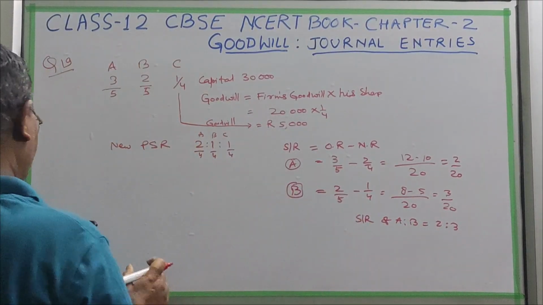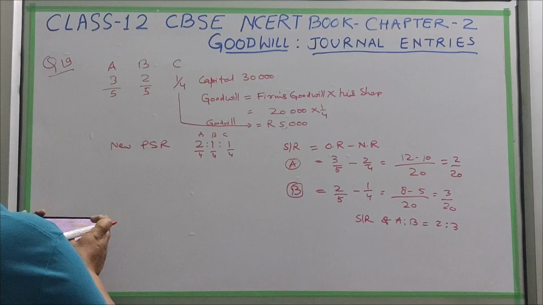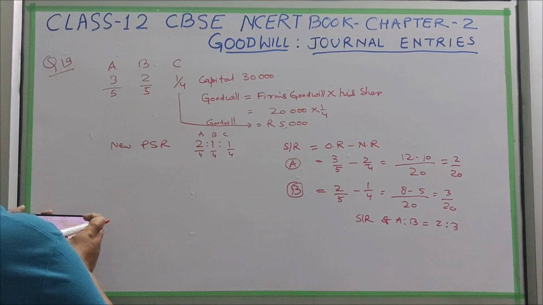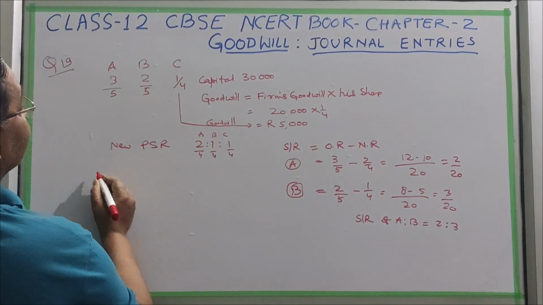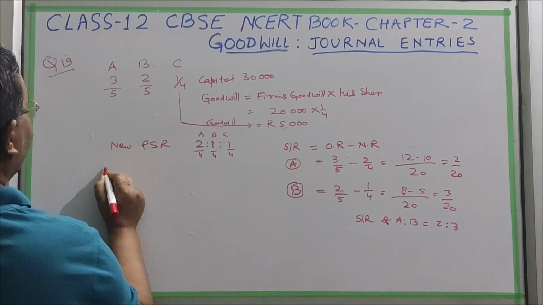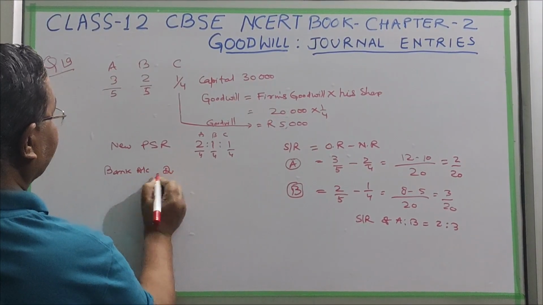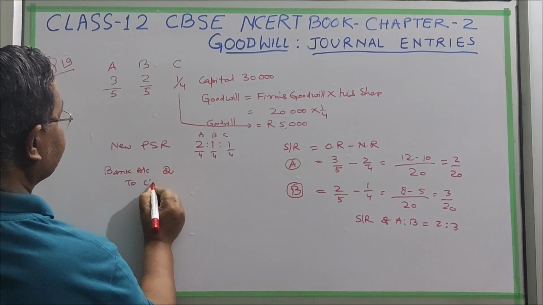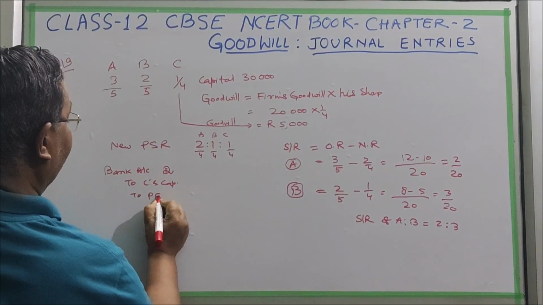Now the journal entry is given: pass the necessary journal entries. Question number 19. A and B withdraw their share of goodwill. So the first journal entry will be bank account debit to C's capital account and to premium for goodwill account.